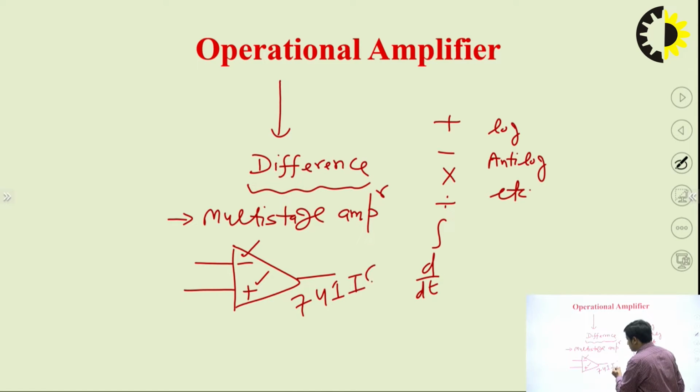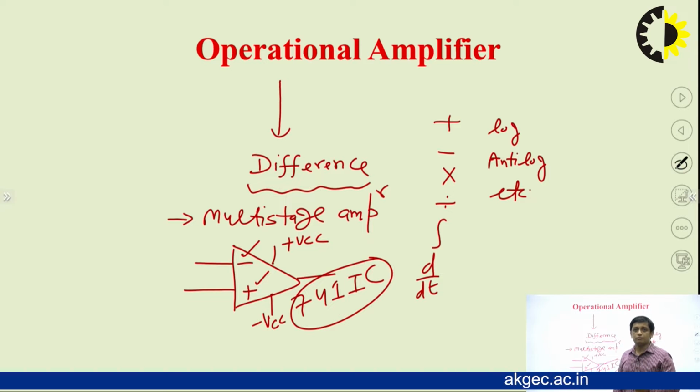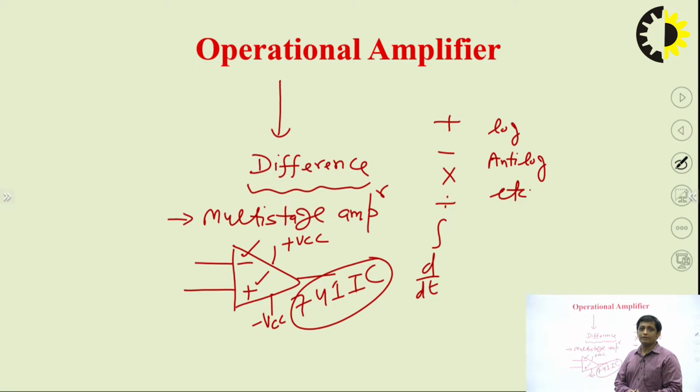The 741 IC requires two power supplies, plus VCC and minus VCC. Some op-amps require a single supply, but the 741 requires two power supplies. In short, operational amplifier is very useful because it provides high gain and the effect of noise is very less.